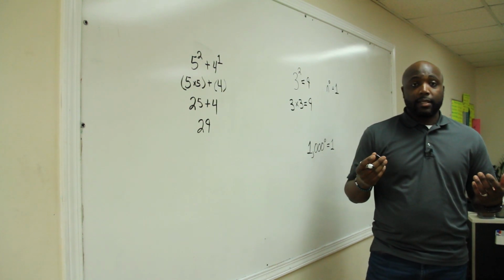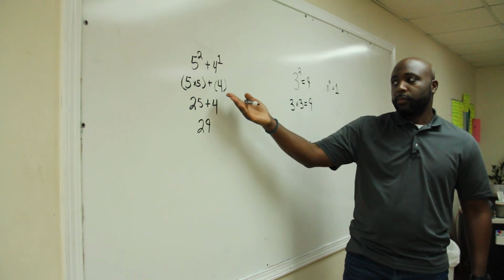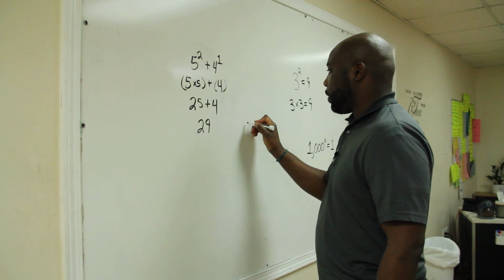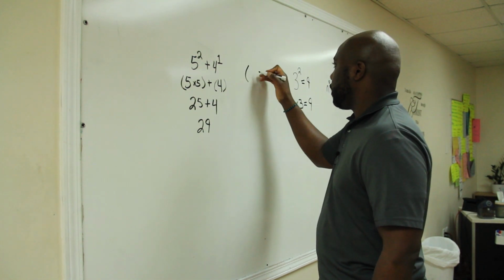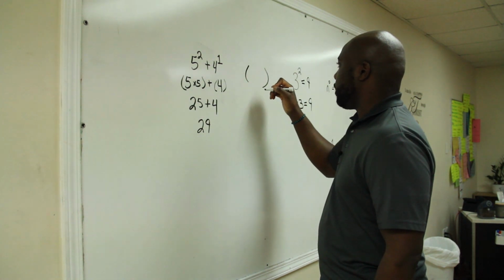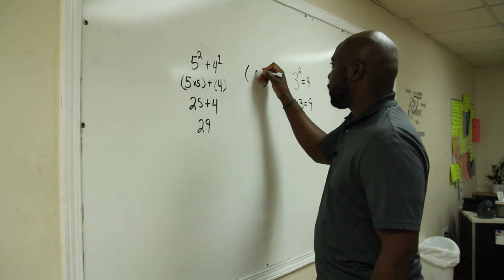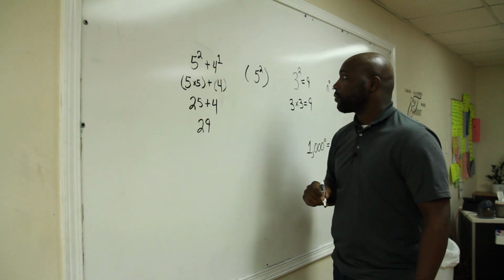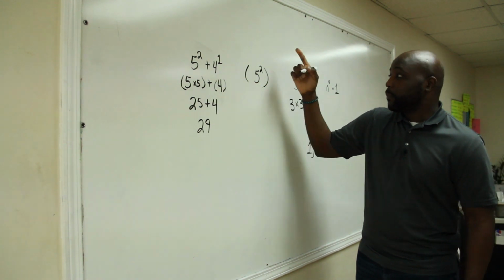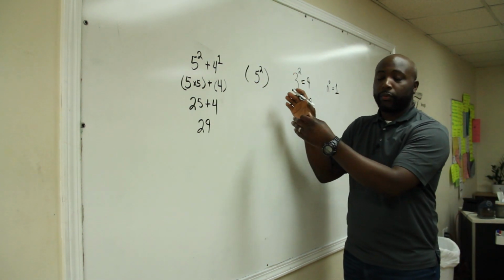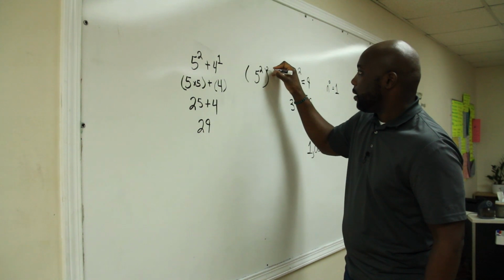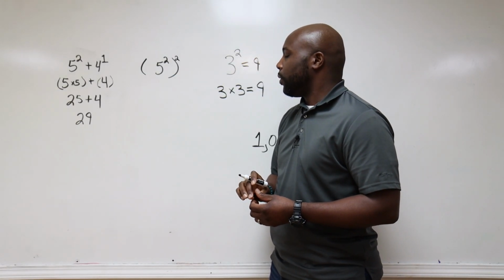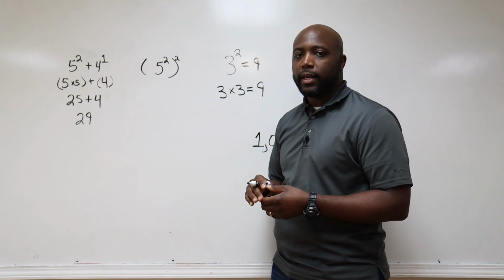Now, one would ask themselves, we know we utilize parentheses. So if we have an equation that has a number such as 5 to the second power in parentheses, and an exponent outside of the parentheses, such as another 2, how do I solve that equation?